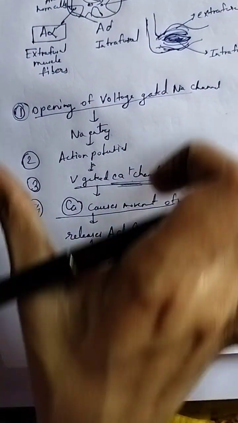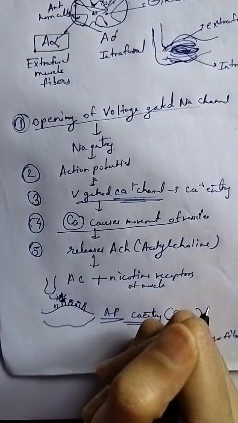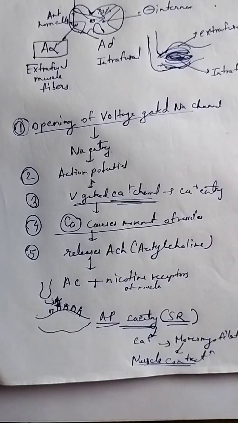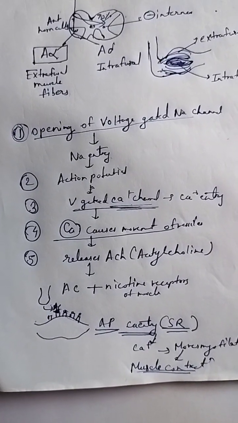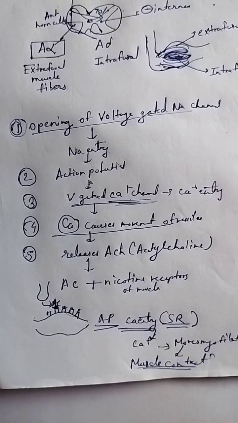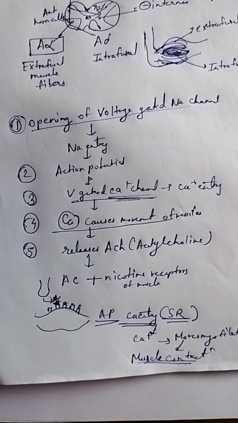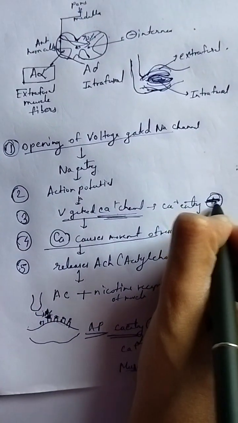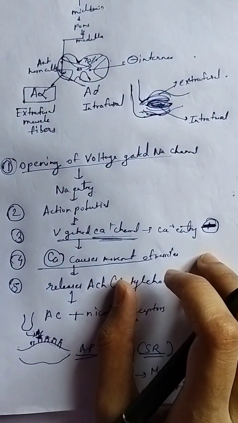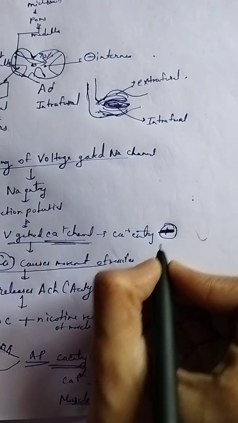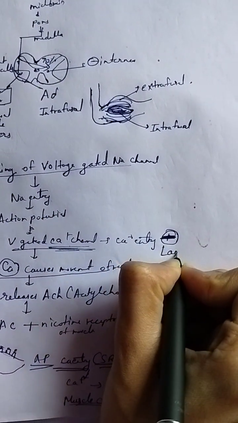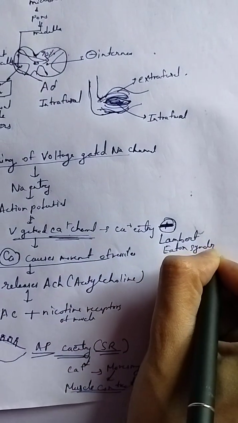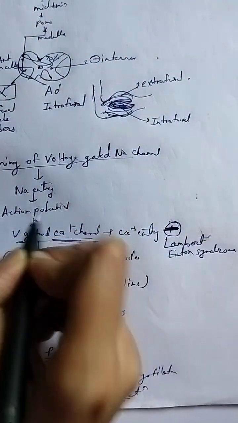If in the above stages there is some inhibition due to any stimuli, then some syndromes are caused. If autoantibodies destroy the voltage gated channel, meaning inhibition of this third step occurs, then this is called LE syndrome. What is LE syndrome? Lambert-Eaton syndrome occurs due to the inhibition of this stage.